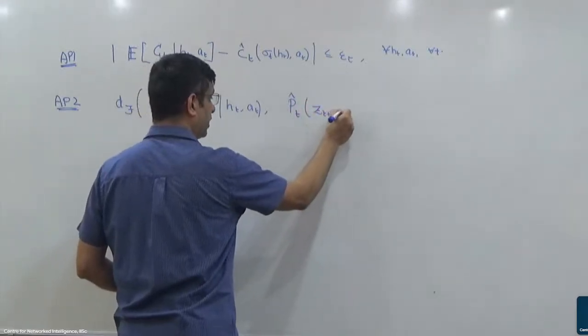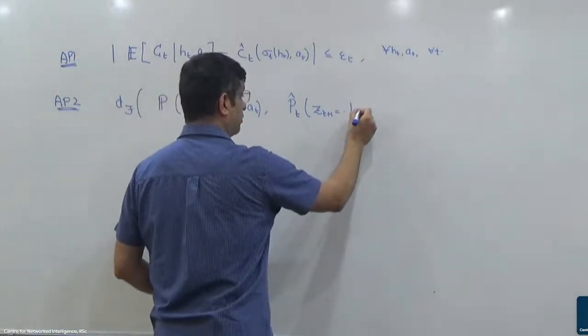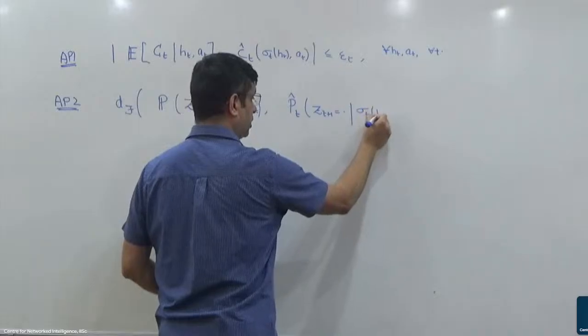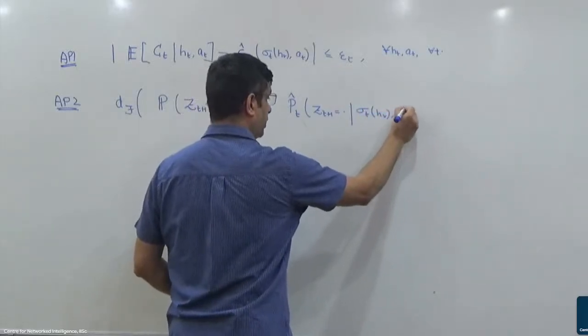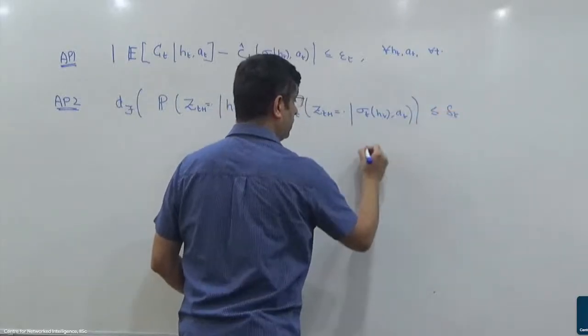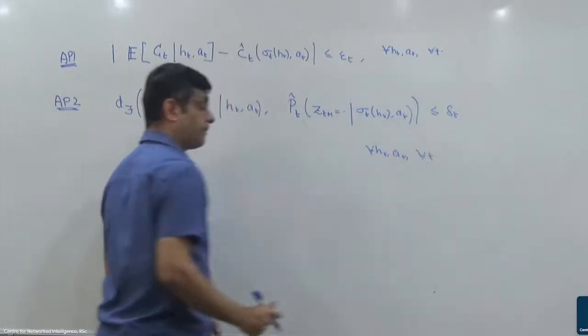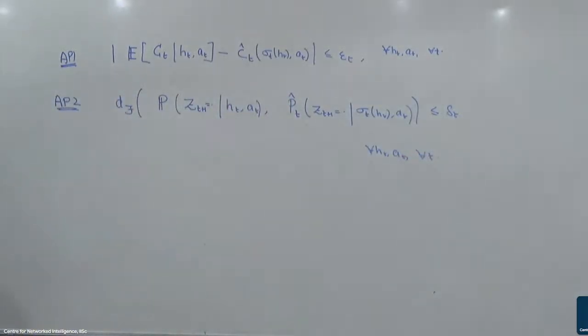Let me write it like this to be clear that I'm talking about distributions here. Okay. If these two properties hold, I'm going to say my AIS generator is an epsilon delta AIS.